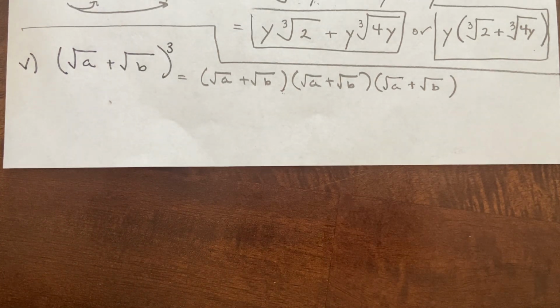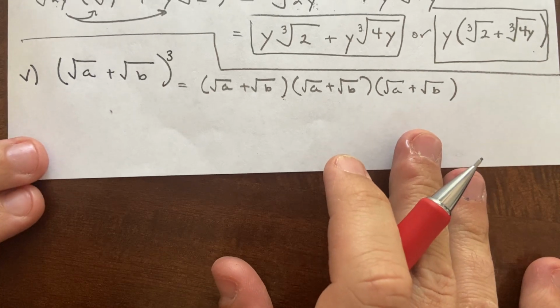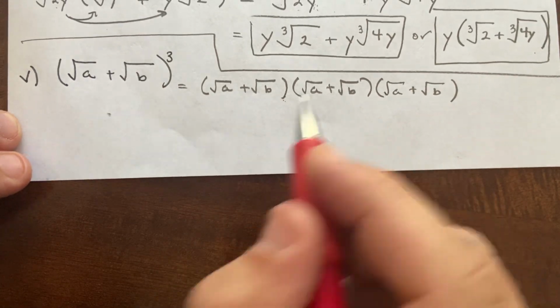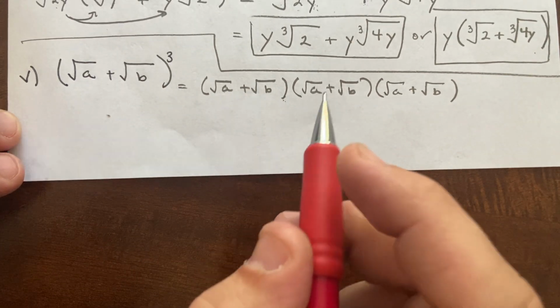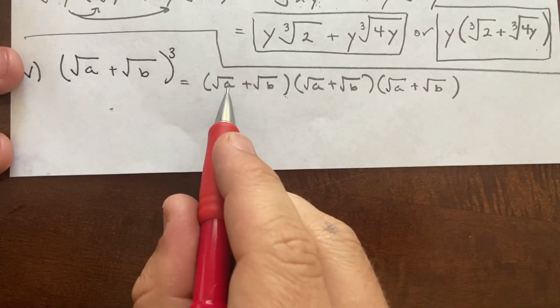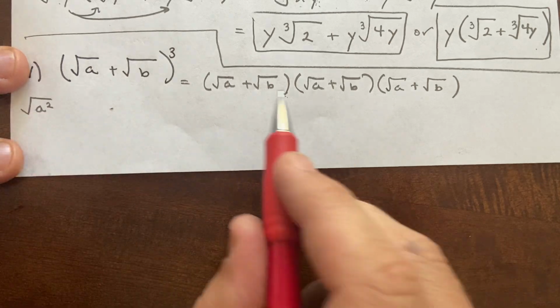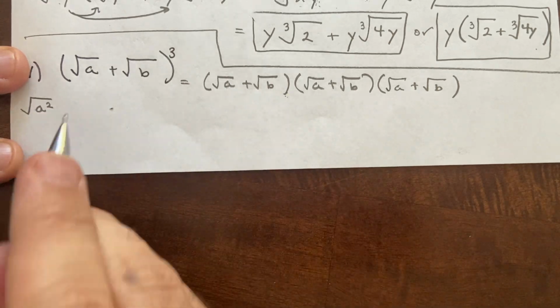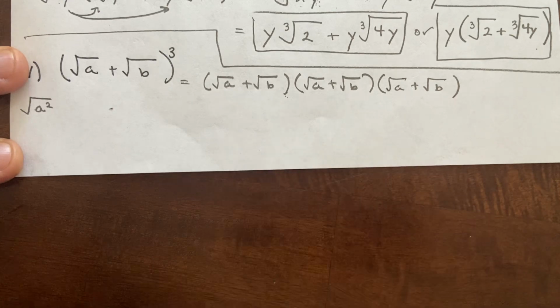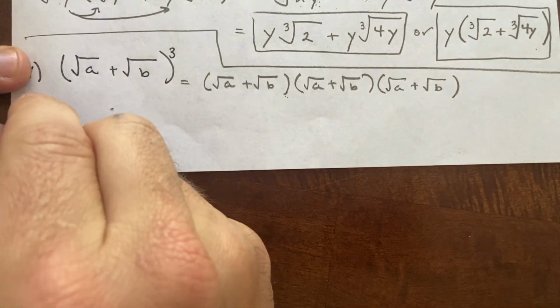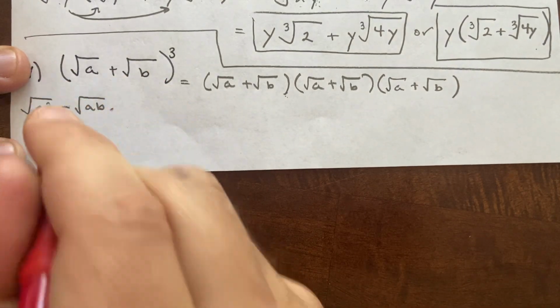Okay. So first set of foiling, I'll take root a times root a. That will be the same as square root of a squared, right? Then I have root a times root b. That will be the same as root ab.